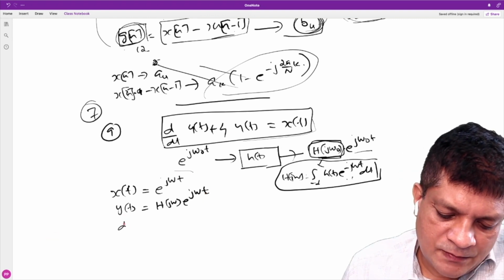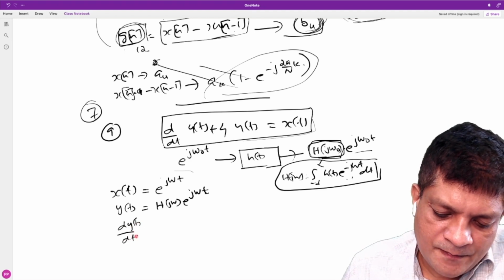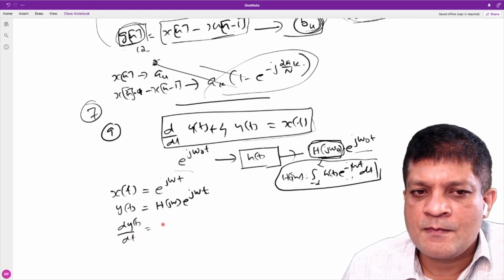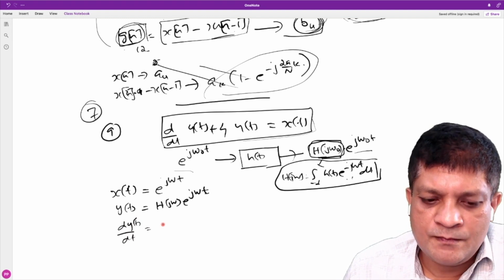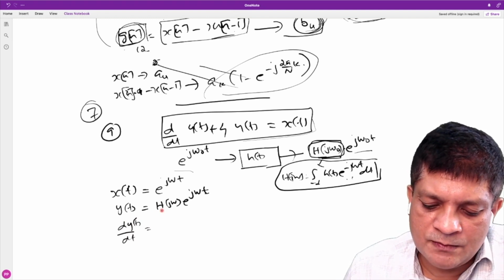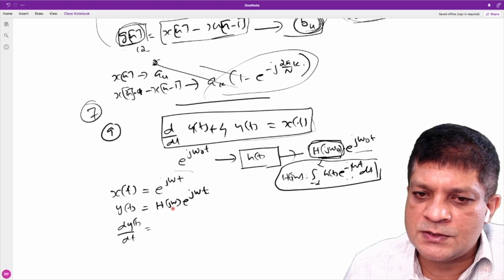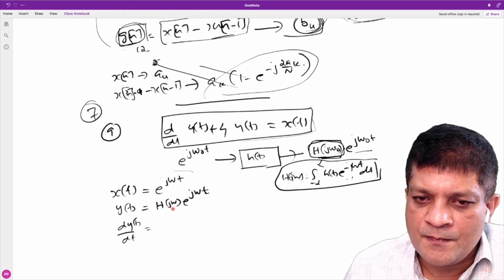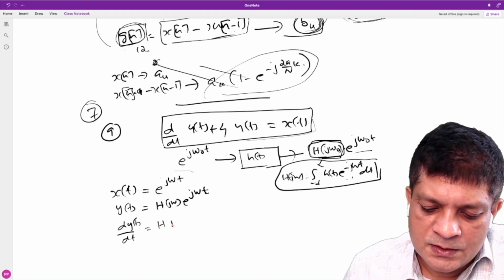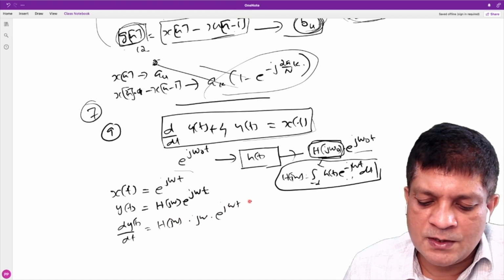Then what is dy(t)/dt? If y(t) is this, what is the derivative? Look, H(j omega) is a function of omega only. It is not a function of t. So the derivative is H(j omega) into j omega times e to the power j omega t.